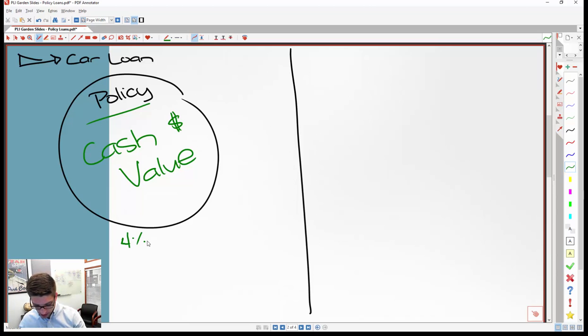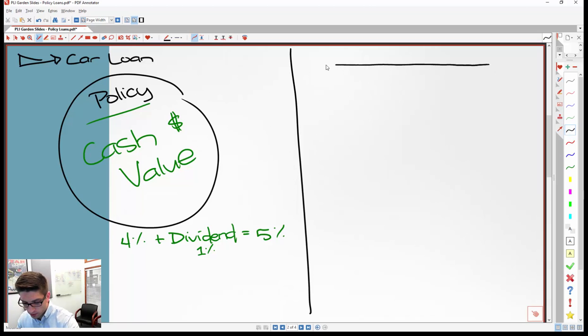For this example, we're going to say that growth is 4%, plus, because of the way this policy is set up and the insurance company it's set up with, you also get the possibility of a dividend inside that policy. For this example, let's say that dividend rate is 1%. So today we're going to say your growth on this insurance policy is 5%. Those rates we can talk about in more detail and exactly how that works, but for today's example, let's say 5% is what you're getting in that policy.